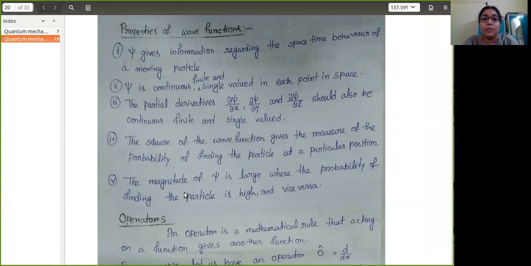So these are the properties of wave function. So those waves or wave equations which follow all these properties, they only can act as wave function, or they only can represent matter in wave form.